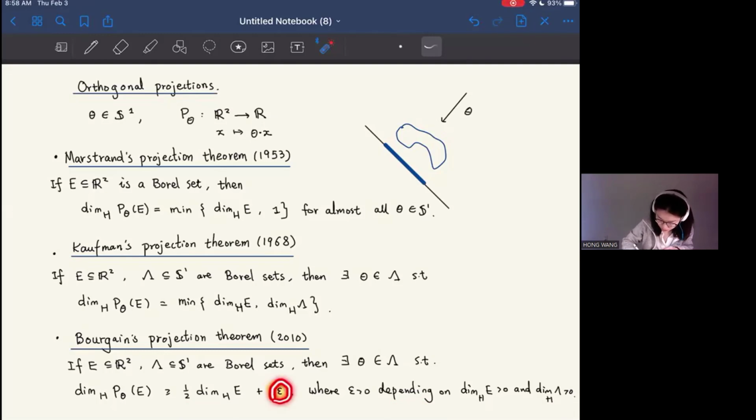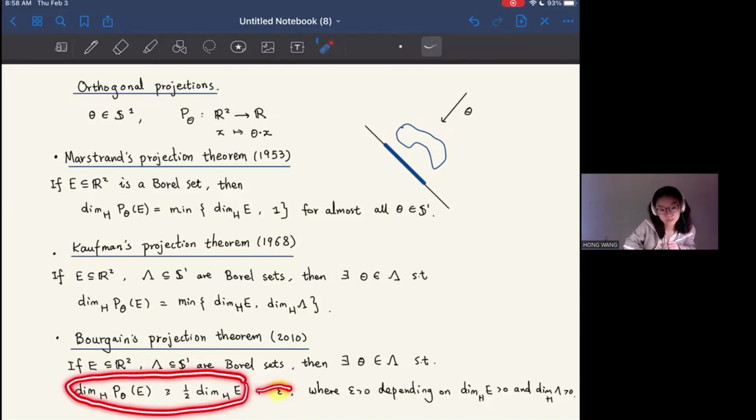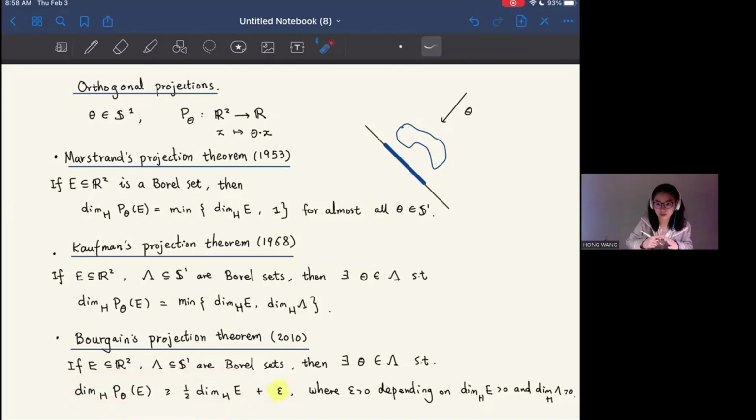So here this epsilon is very important because without this epsilon, this bound is easy by some transversality theorem. And this epsilon makes a whole lot of difference. And it's actually, again, related to all the epsilons we have discussed so far. And actually, this Bourgain's projection theorem is like an extension of his discretized sum-product theorem.